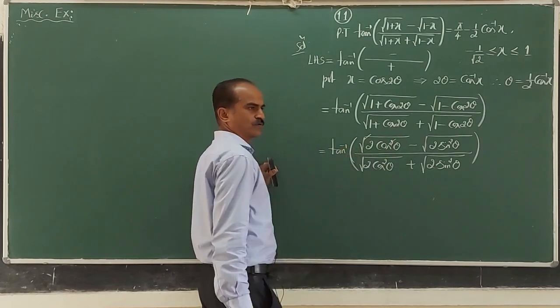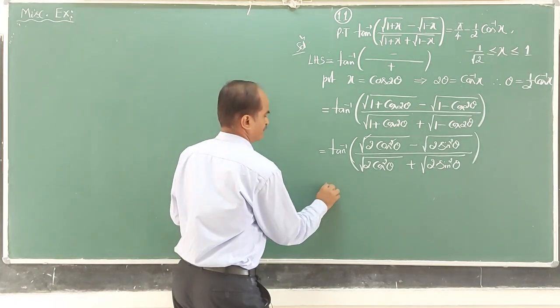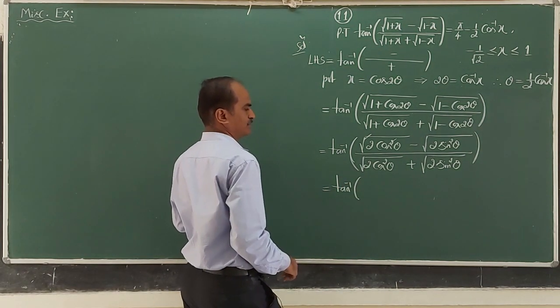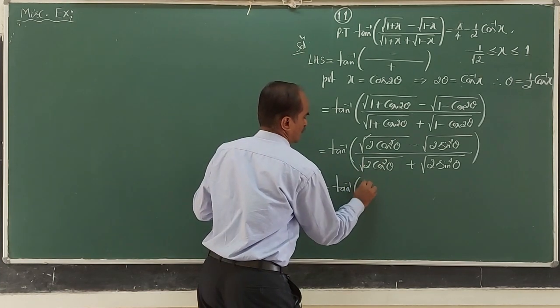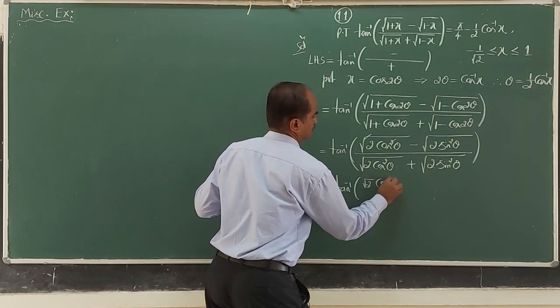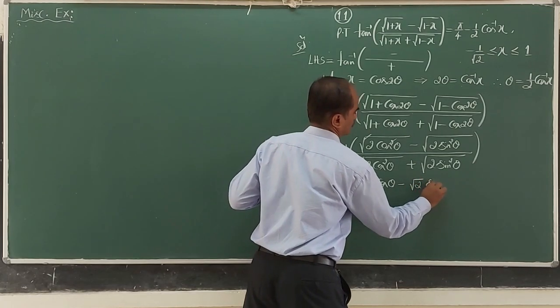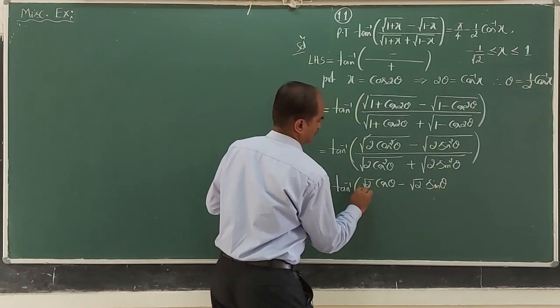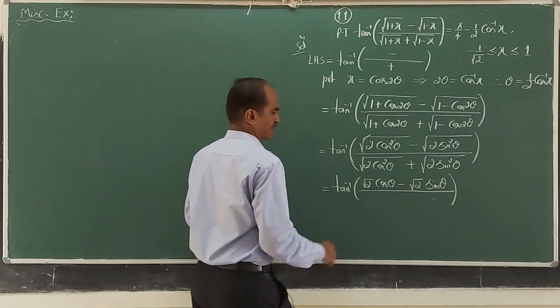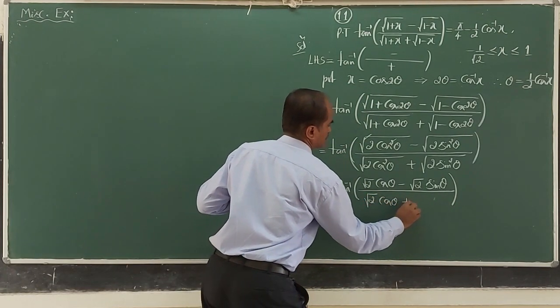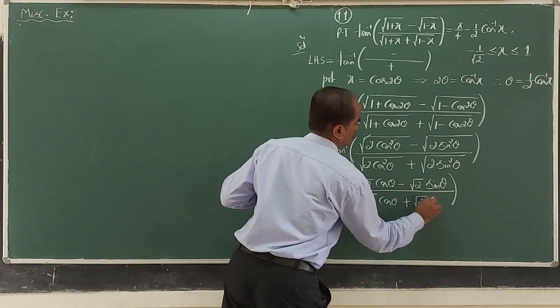The square root and whole square will get cancelled. Left with tan inverse of root 2 cos theta minus root 2 sin theta divided by root 2 cos theta plus root 2 sin theta.